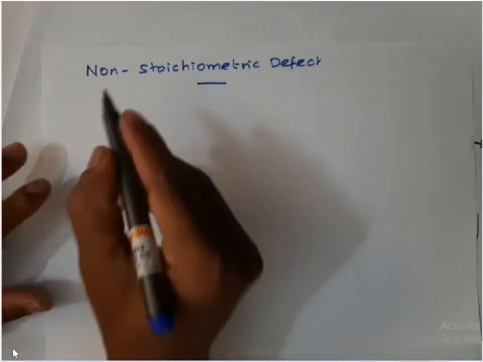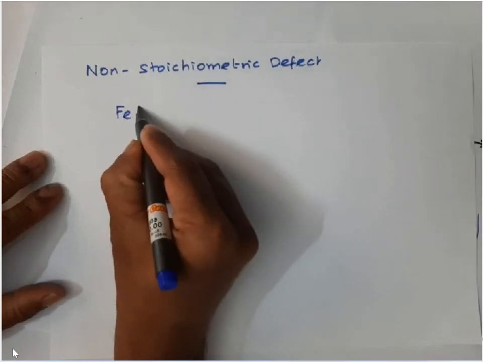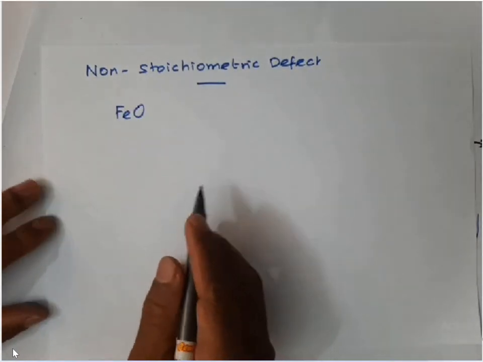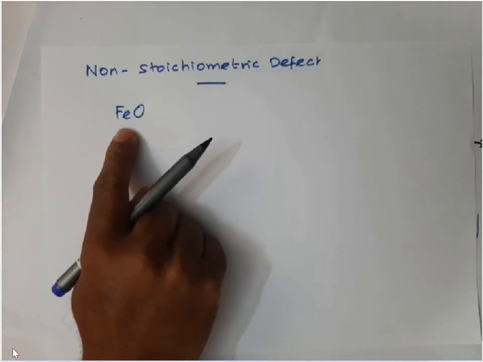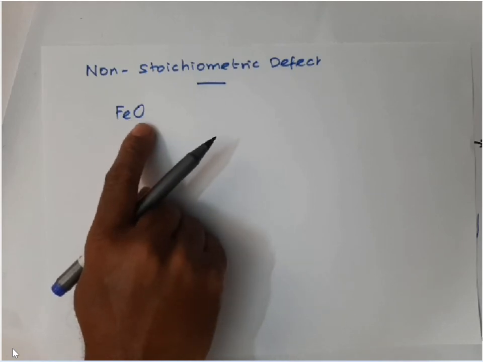Listen, see for example, ferrous oxide, the formula of ferrous oxide is FeO. If you write FeO, that means there is no non-stoichiometric defect, we can say. FeO is the formula of ferrous oxide.